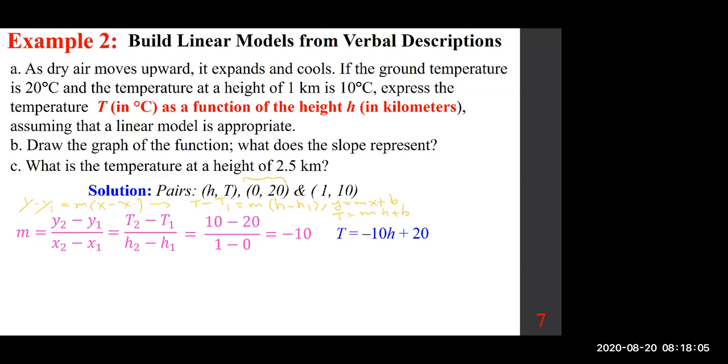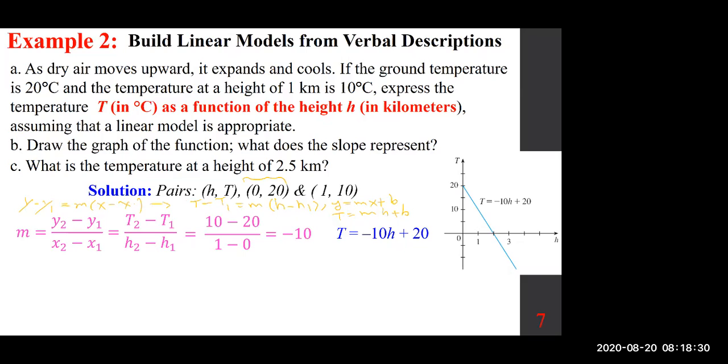Again, normally you have to use the point slope. In this case, you don't have to. Of course, anytime you are dealing with a linear function, ultimately you have to put it in a slope-intercept form in calculus, unless otherwise mentioned. Always y equals mx plus b. So that's the case, and you can easily graph this. You have a couple of pairs given to you, and you can make up more.